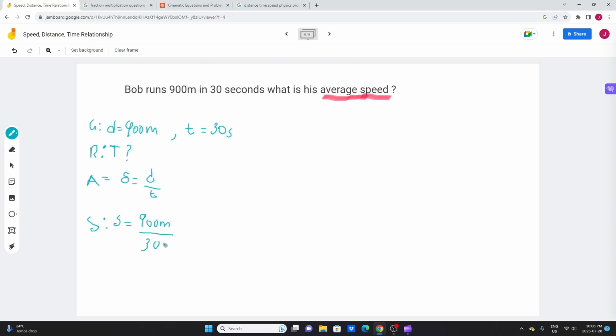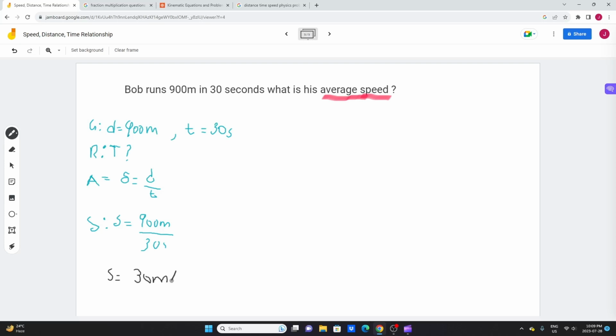We can use our calculator here and figure it out. Our final answer would be speed is equivalent, we can use these terms as meters per second. On your calculator, we do 900 divided by 30. You can see it's 30. So our speed is equal to 30 meters per second, our average speed.